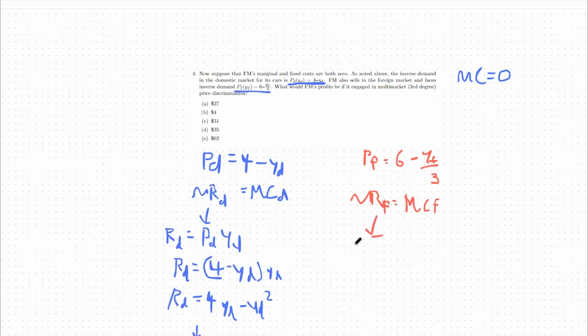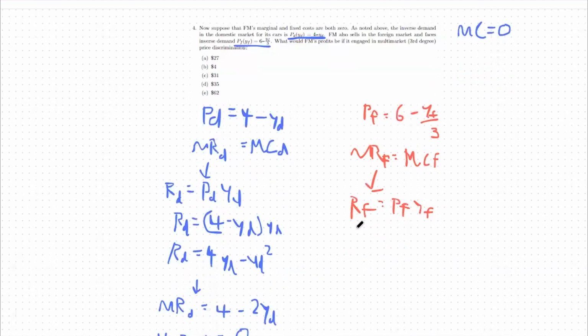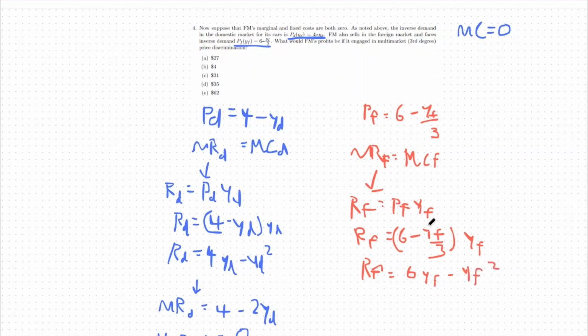Okay, so again, we're going to have to construct our revenue function, which is price times quantity. And then we can slot in our price there, which is 6 minus our quantity divided by 3, and then still multiply by our quantity again here. So that's going to be a revenue function of 6 times our quantity minus our quantity again squared, and then over 3.